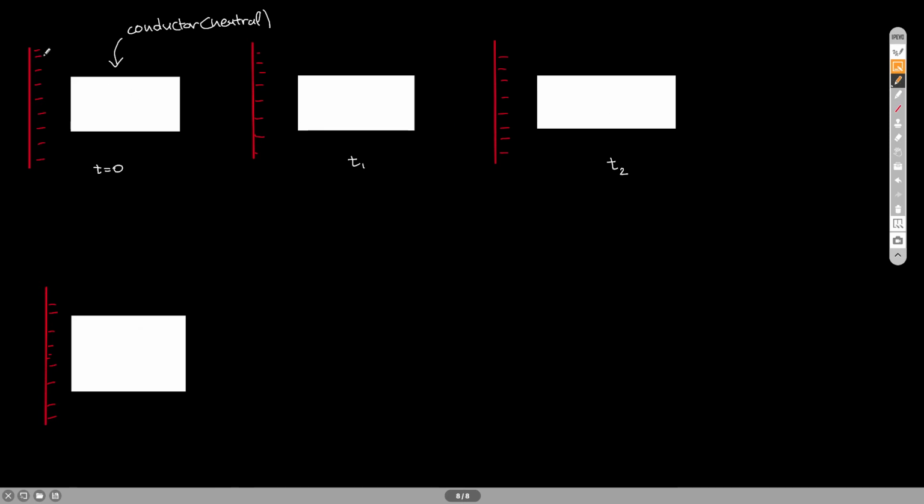Now, I'm going to use blue for the electric field. So at t equals 0, when I bring the charged rod near my conductor, at the center of the conductor, how many electric fields do I have? Well, at this point, there is no charge separation in the conducting object. All nuclei have their electrons nearby, and that means that nothing in the conductor creates an electric field, but the charged object will create an electric field at this location.